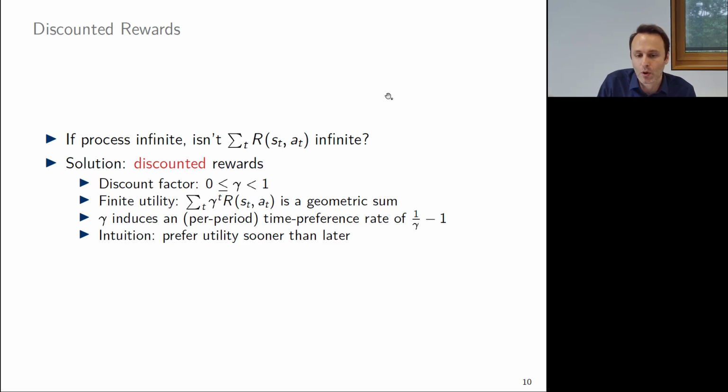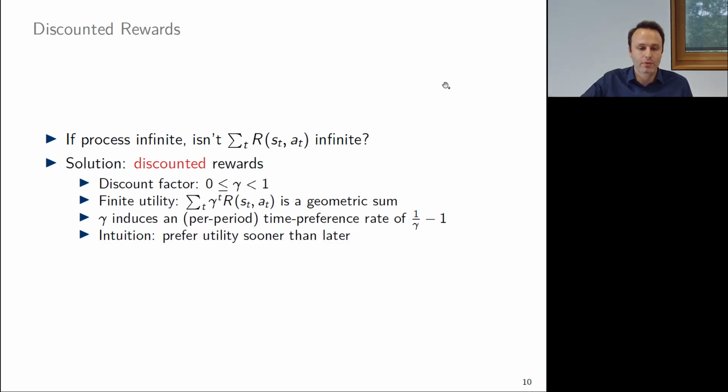So that poses some sort of problem to find the optimal policy. And so because of that, we discount future rewards. So that's the solution to make these infinite horizon problems tractable. But it's also very intuitive.